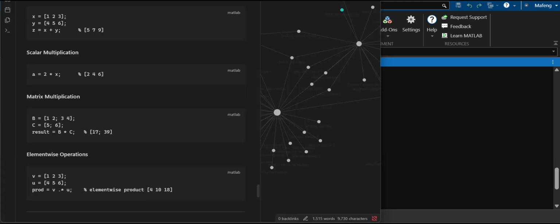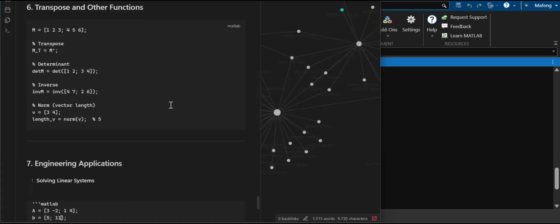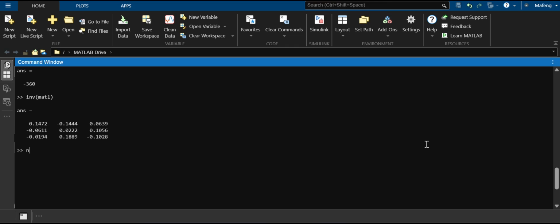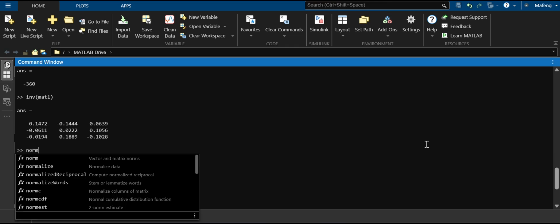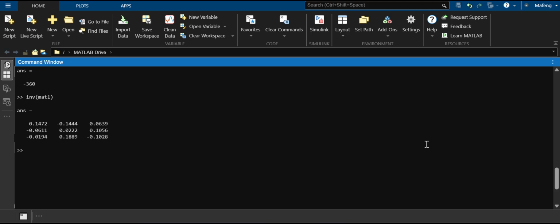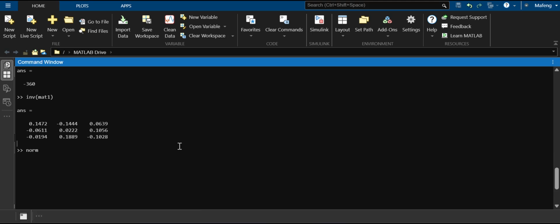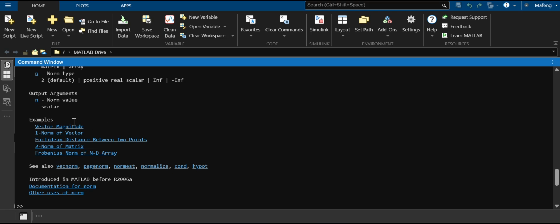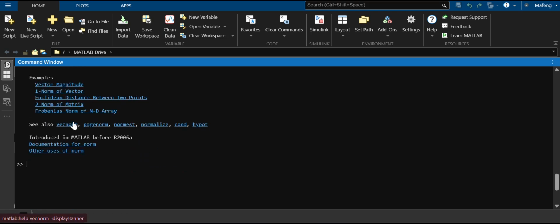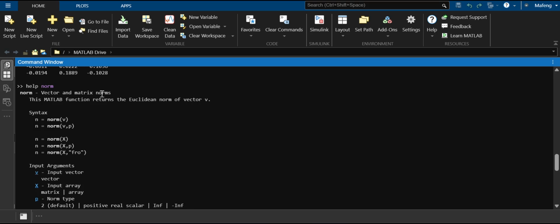Then we also have norm. So let's just see what help says. Vector and matrix norms. This MATLAB function returns the Euclidean norm of vector v.